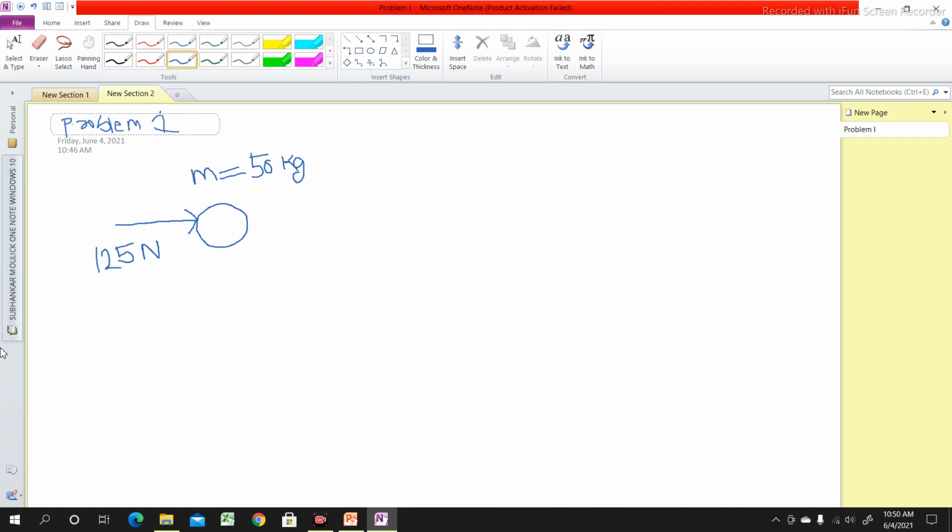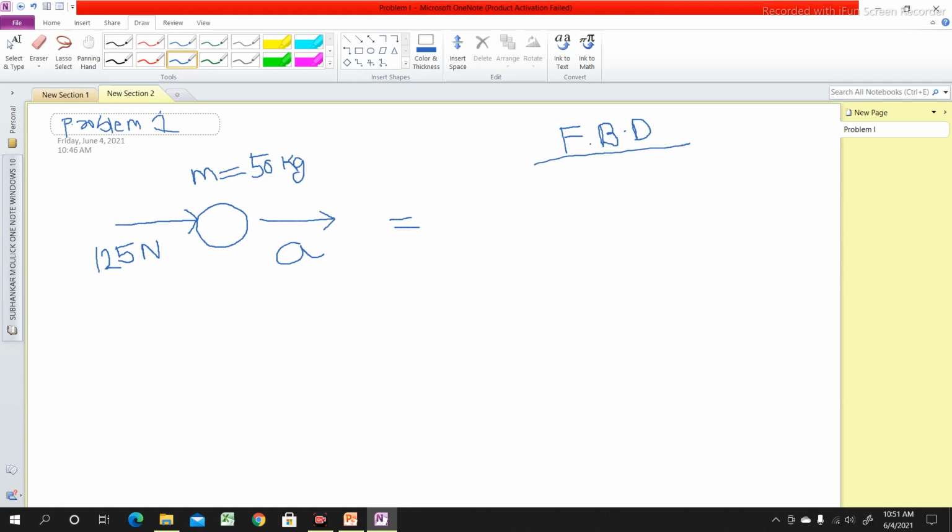Suppose the body is moving in this direction with acceleration a. And in this problem we need to find the value of acceleration a. How will we solve it? In order to solve the problem, let us draw the free body diagram of the problem.